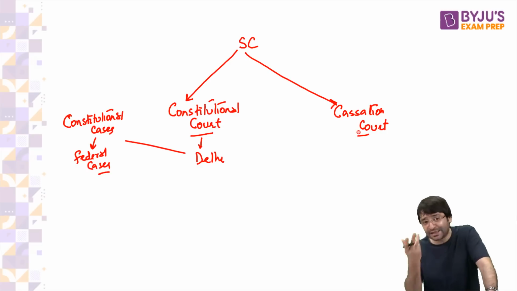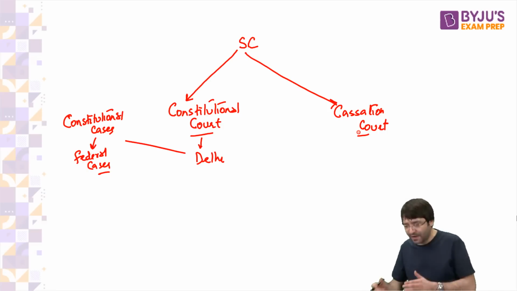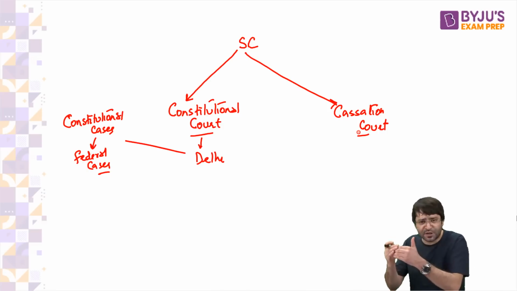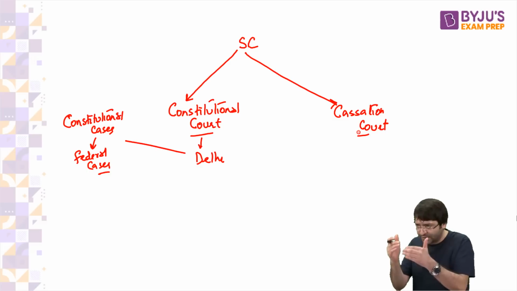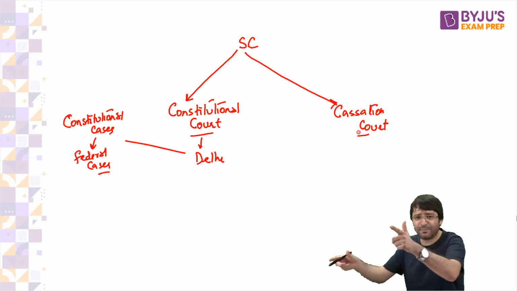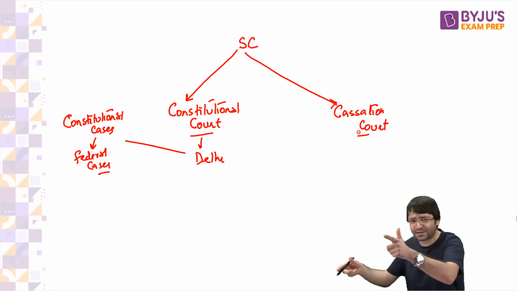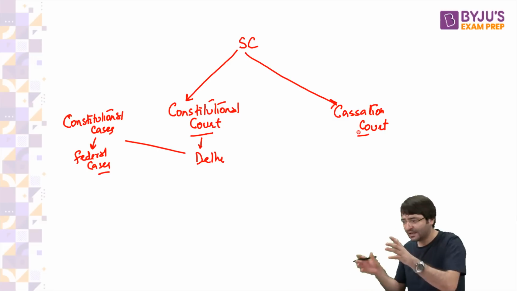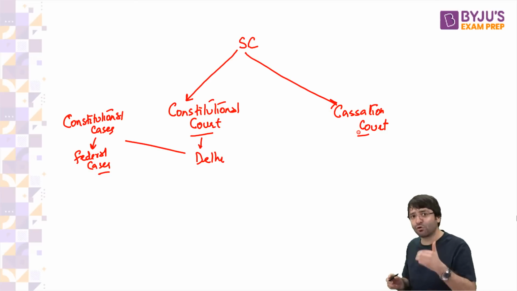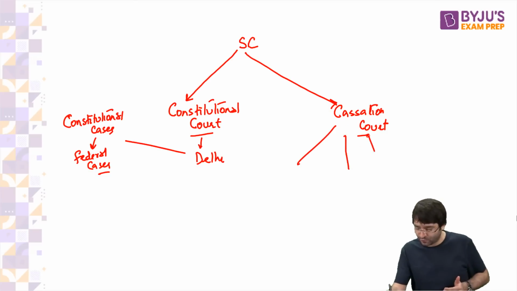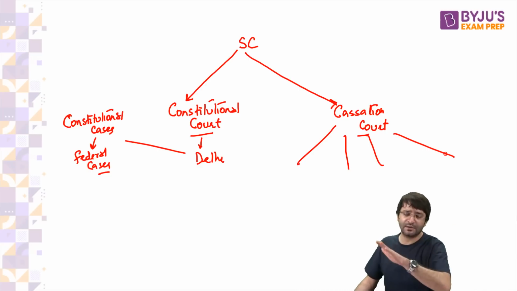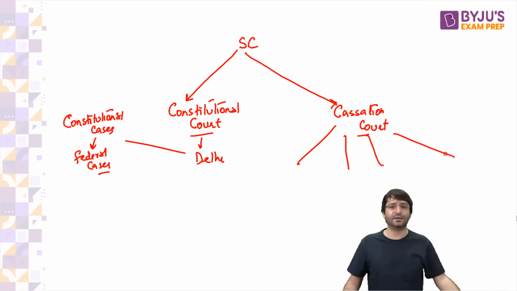But so far as other matters are concerned, where you approach the district court, then the High Court, and you don't get a favorable verdict, and then approach the Supreme Court in Delhi, for example marital disputes, family disputes, land disputes, tax disputes, such cases, instead of going to Delhi, should go to a cassation court, which should be in four different locations: one in southern India, one in eastern India, one in western India, one in northern India.